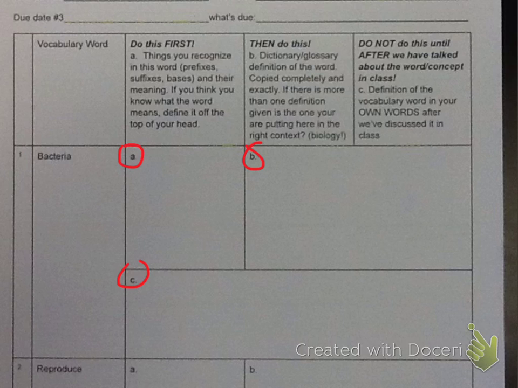And you'll notice up here that it says you have to do A first. So box A is anything that you recognize in this word. The point is kind of to get you thinking about prefixes and suffixes. But if you haven't formally thought about those, you can also say, this is a word I think I know, and you can try to define it.